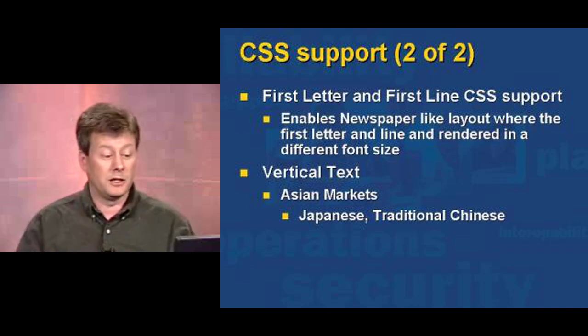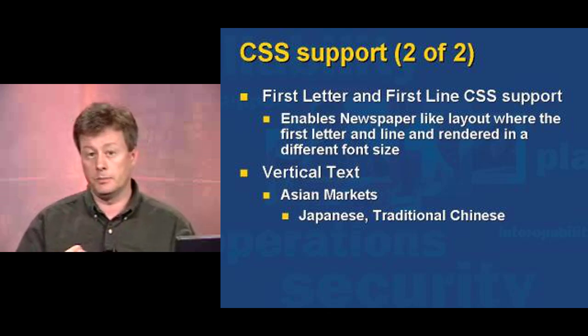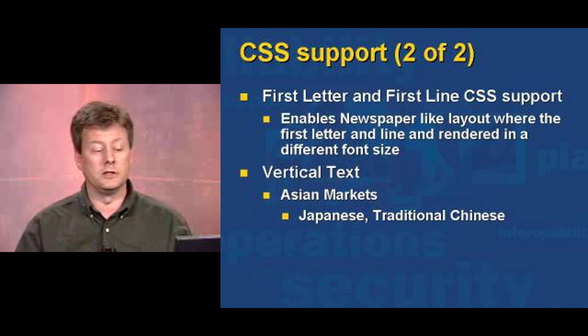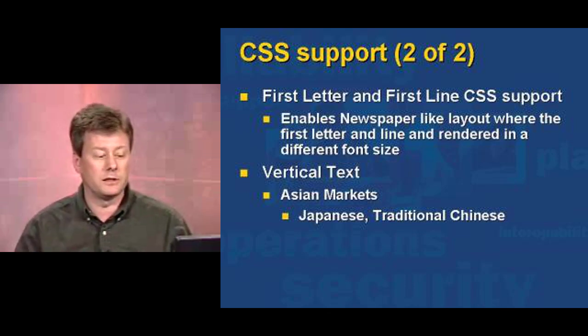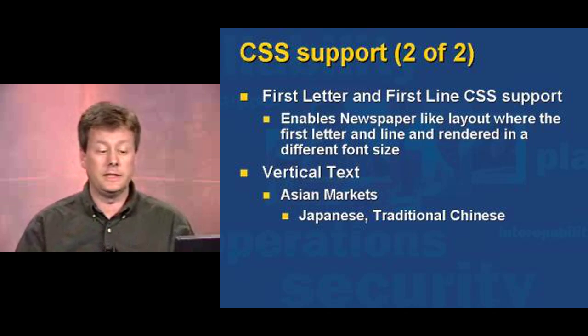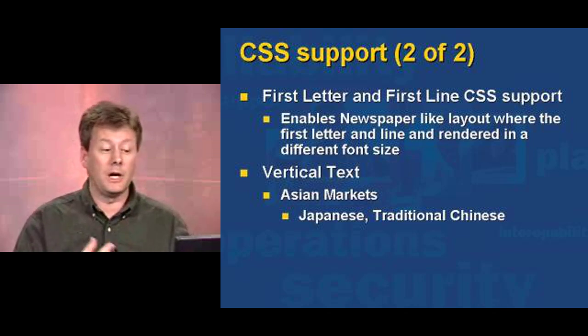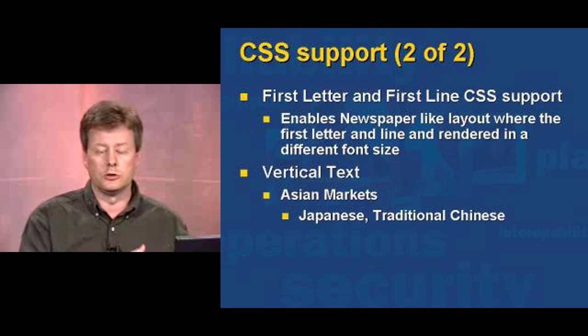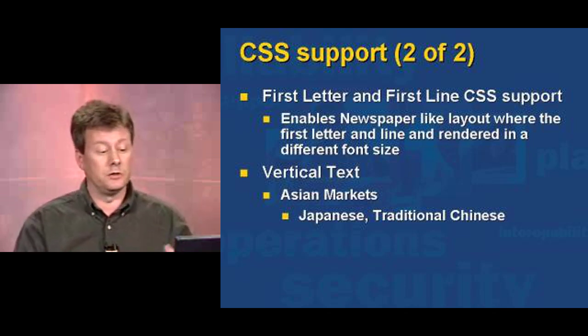Previously, these markets would have to resort to laying out their text horizontally, or they'd have to put the text actually into images to get a vertical layout, which is hardly conducive to the timely publishing of content. And so with vertical text, you can actually just specify for a CSS property the writing mode, and we'll lay out the text vertically. When you combine that with the Japanese and traditional Chinese fonts, you can get an appropriate display for those countries.